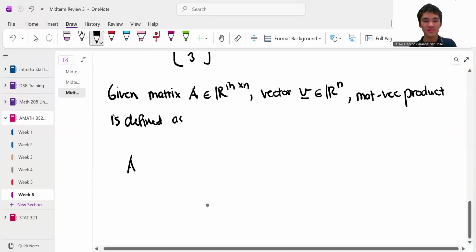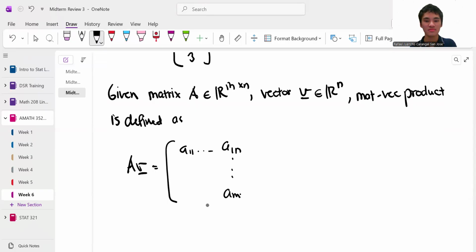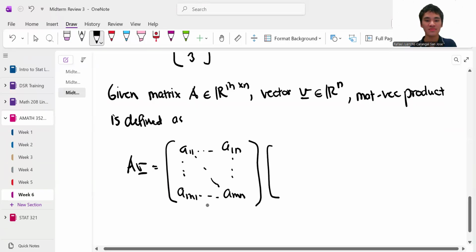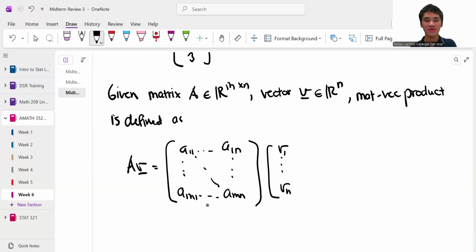Say we have A multiplied by this. We go through this one times this vector from v1 all the way to vn.